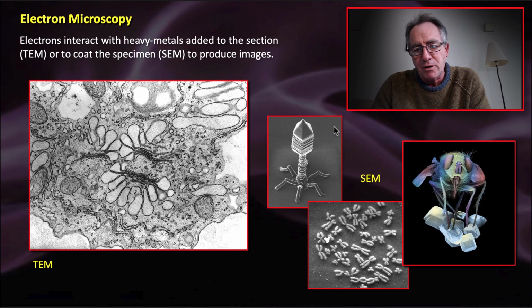Scanning electron microscopy. There's a mosquito standing on some, I believe they're salt crystals, if I remember the caption for that picture. So absolutely beautiful to see the details of insect mouth parts and wings and eyes and things like that. Bacteriophage. That's a T4 bacteriophage that would have been sitting on the surface of an E. coli.